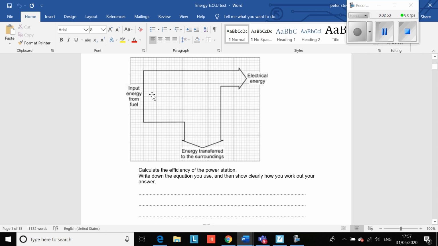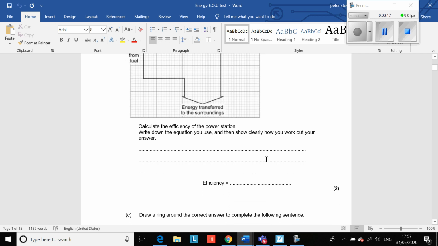And then the useful energy was the electrical energy. That's 1 square, and then there's an extra layer there, so that's 6. You actually have to physically count them. So it'd be 6 divided by 20, which gives you 0.3. And then to get it to 30%, times it by 100. So useful energy divided by total energy gives you the efficiency. And that would be there.